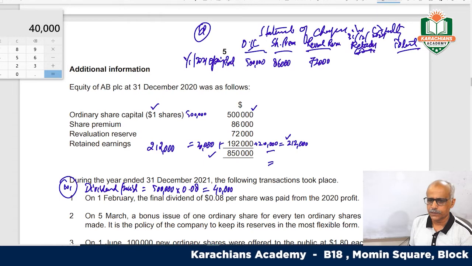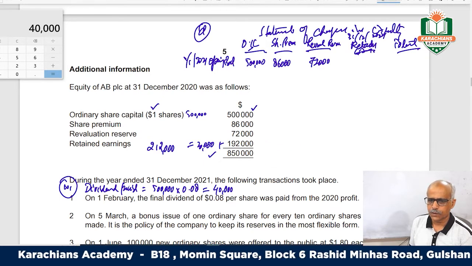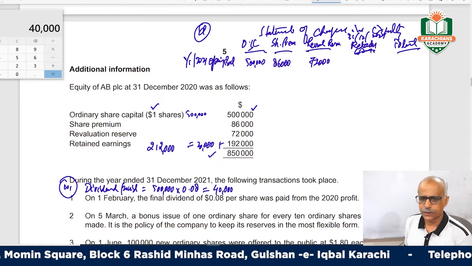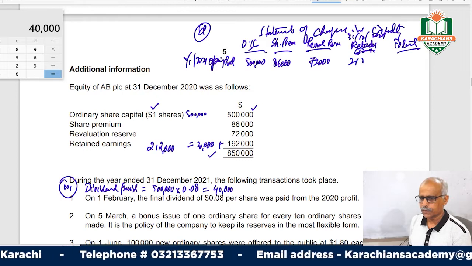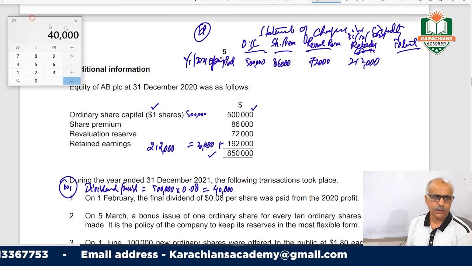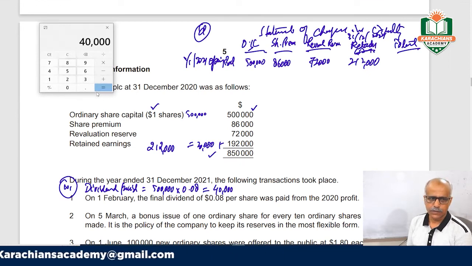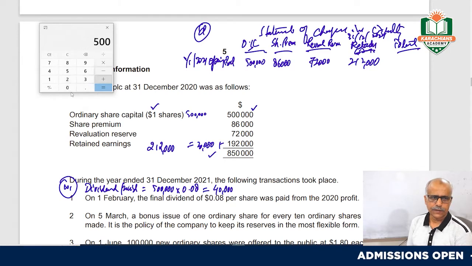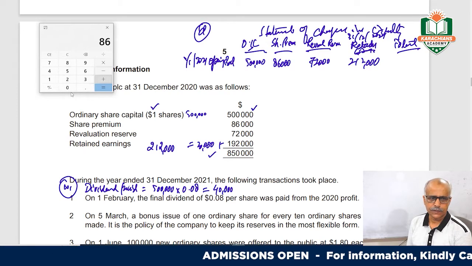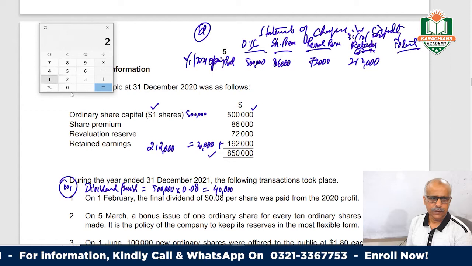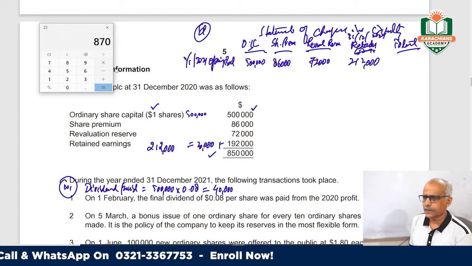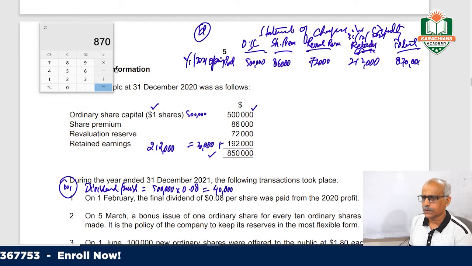I already explained why I'm doing it this way, because I must have the space here to finish my question. So the total will be 500,000 plus 86,000 plus 72,000 plus 212,000, which is $870,000 of your equity. This is opening, right?